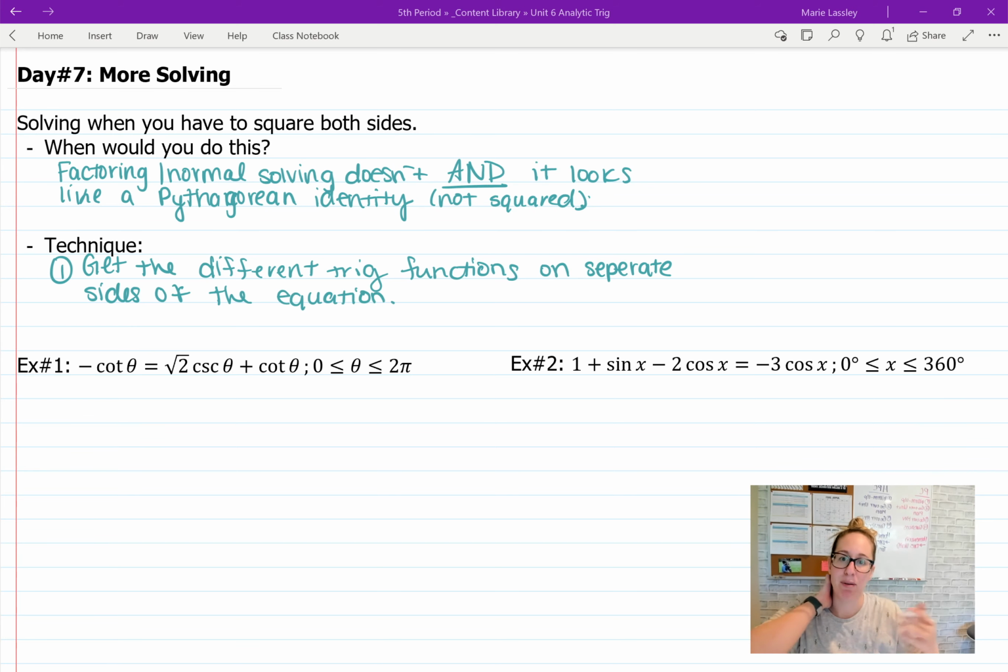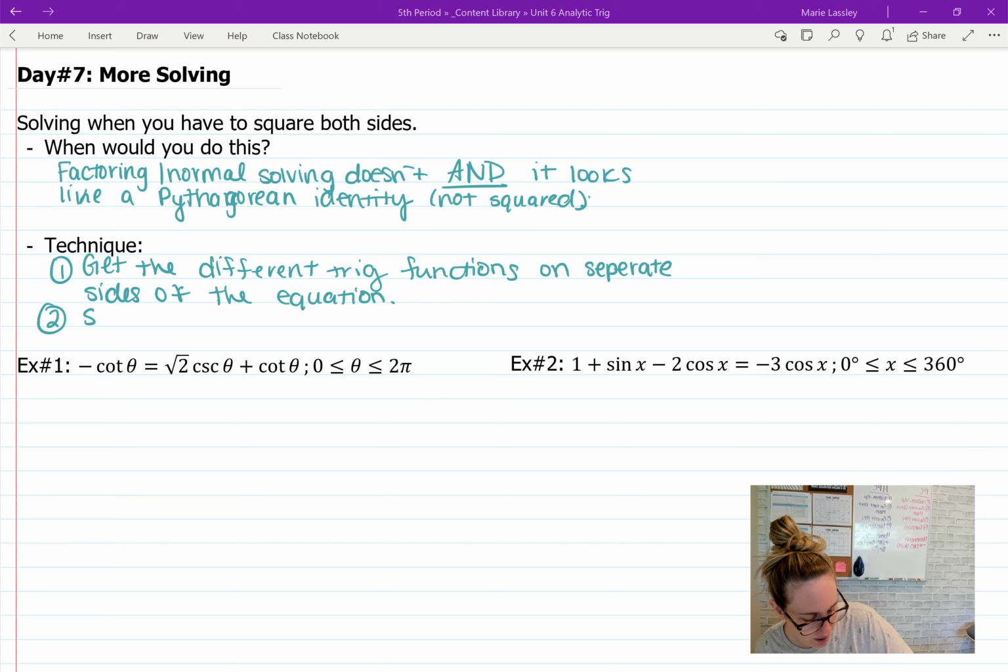If you have a sine plus a cosine equals, say, 0, you would want to move the sine and cosine so that they're on different sides. It doesn't matter where the numbers go. The main thing is really just to separate the trig functions with an equal sign in between. A general rule of thumb is if there are constants, just plain numbers, put them all on one side. It doesn't matter which side, just put them on one side. But like I said, the main thing is to get the trig functions on separate sides of the equation. The next thing you're going to do is square both sides.